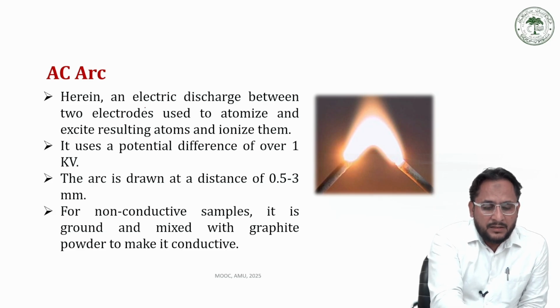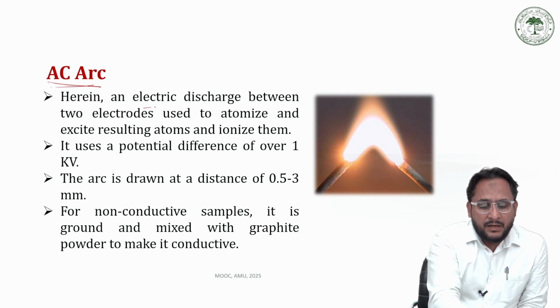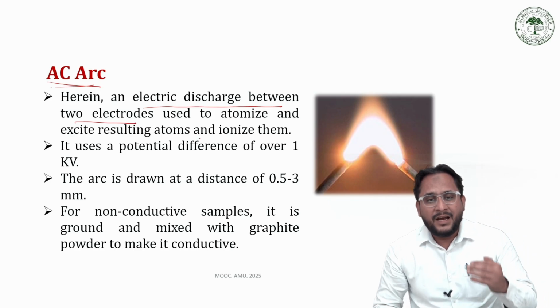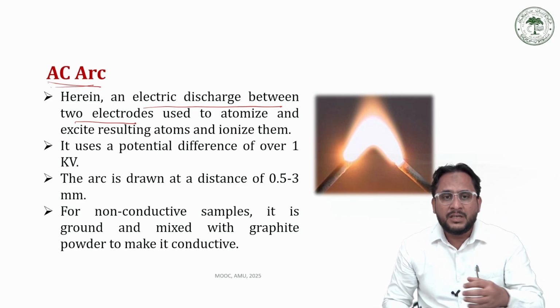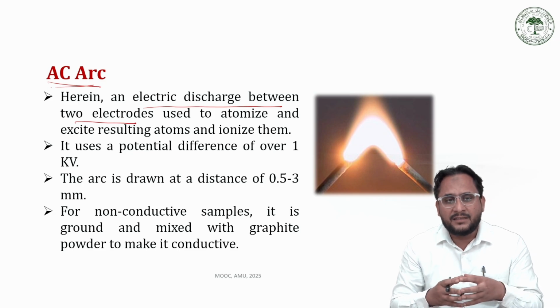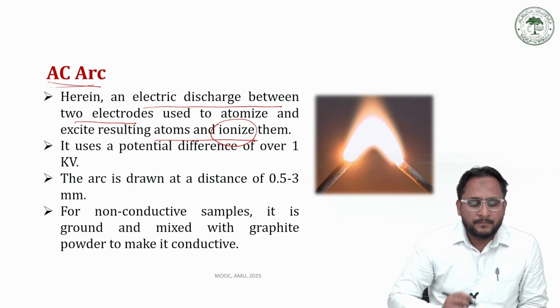Here again, in an AC arc, or alternating current arc, an electric discharge between the two electrodes is created, and this electric discharge is used to atomize as well as excite the sample, meaning ionize those samples.